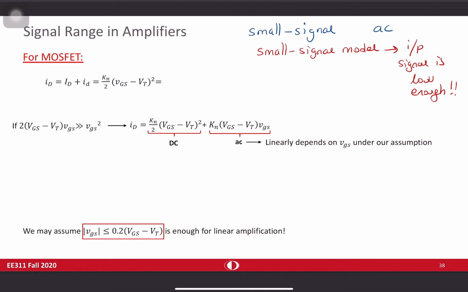What does this mean? This means that if I have a MOSFET, let's say gate is AC, source is AC bias grounded, and I apply an AC signal in here. To be able to use that hybrid pi model, this thing should be small.